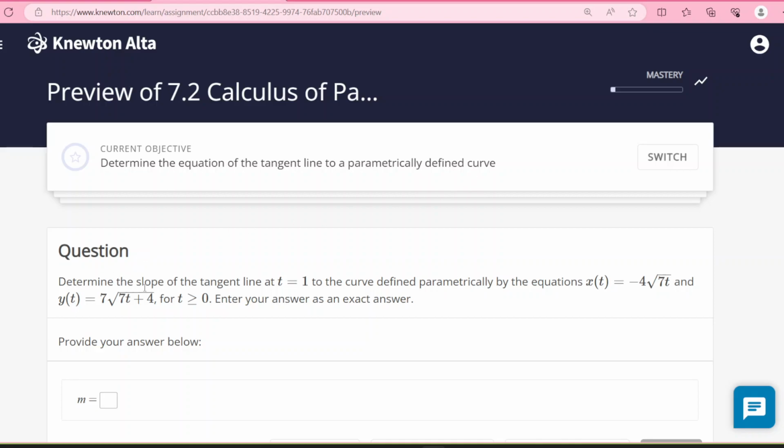So here, determine the slope. All right, so we're not asked for the equation here, we're just asked for the slope. So I just need to plug in this t equals 1 to my first derivative expression, right, to find the slope of the tangent line. So determine the slope of the tangent line at t equals 1 to the curve defined parametrically by these equations. Enter your answer as an exact answer, right? So no calculators, no rounding.